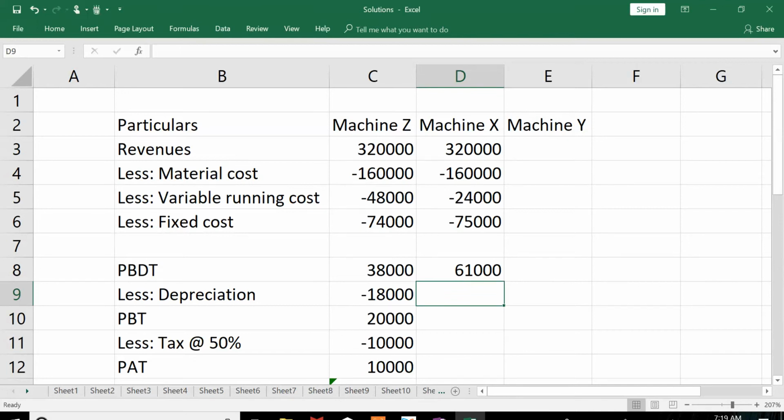Depreciation is 30. PBT 28. You guys can fill it. I don't have much to explain here.